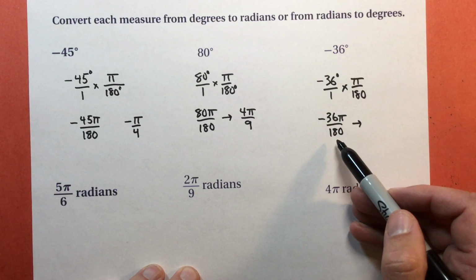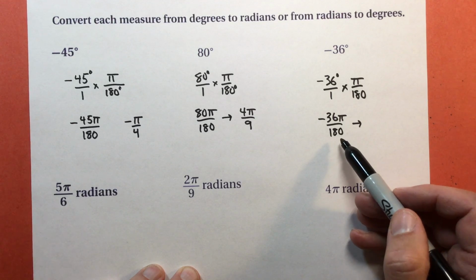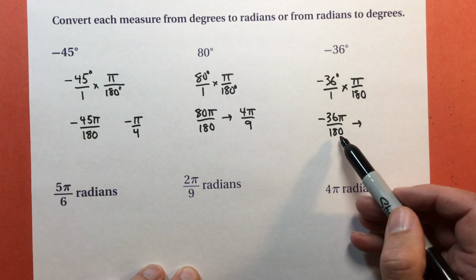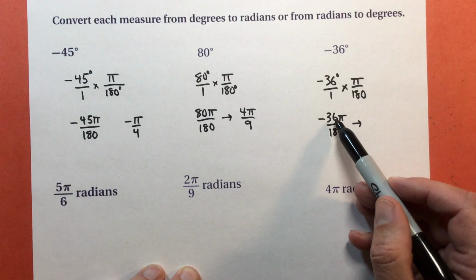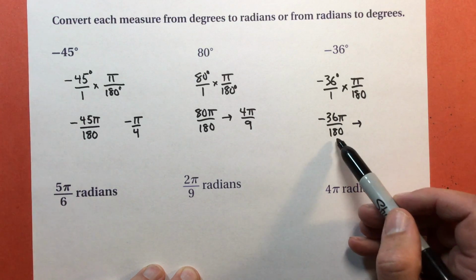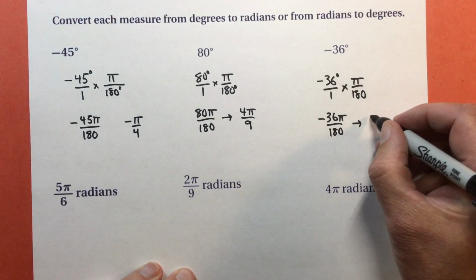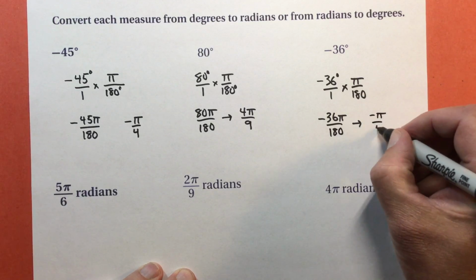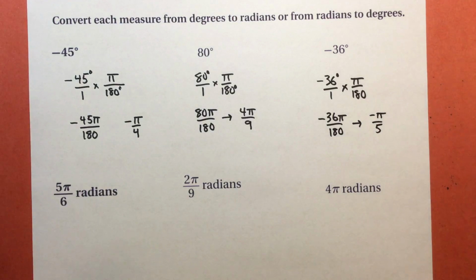Oh, it also has a common factor of 36. Saying that out loud, I realized there was another. So 36 times 5 equals 180. So this is going to be negative pi over 5. And again, if you want to factor into primes and reduce common factors, that's perfectly okay.